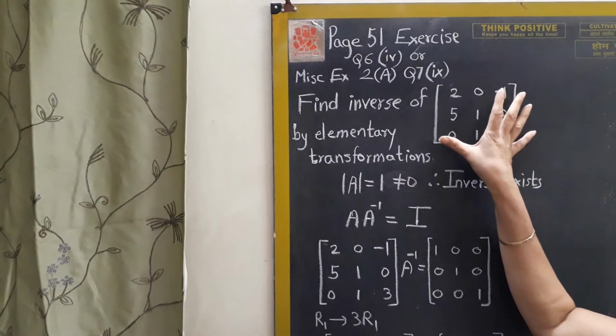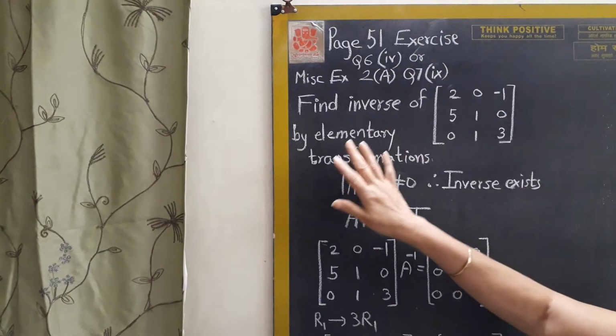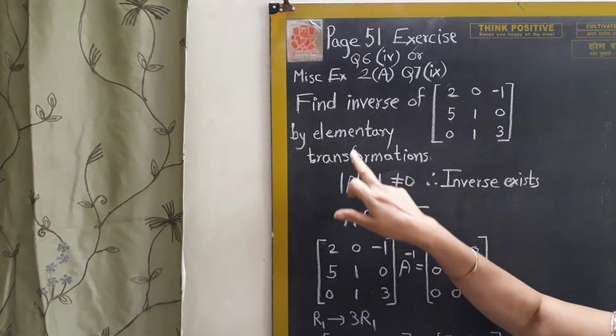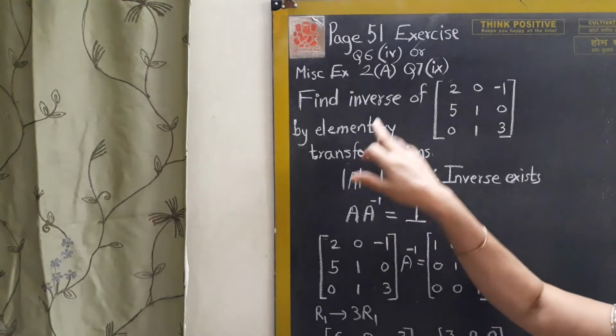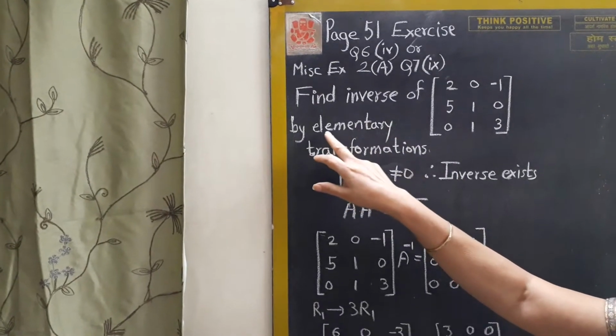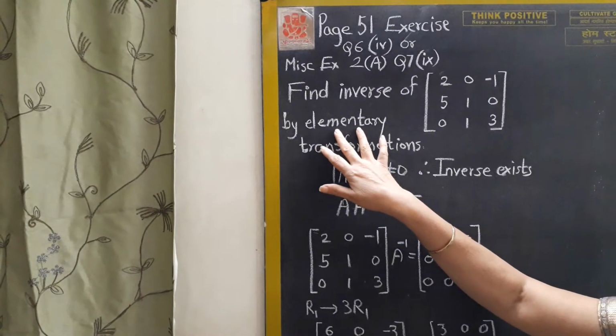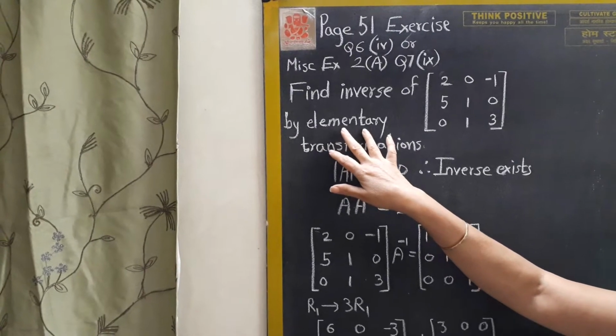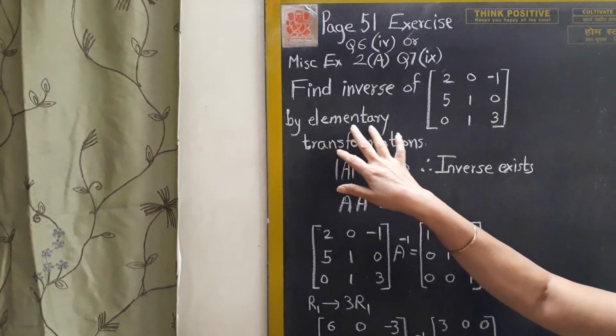This matrix is repeated in both the examples, by elementary transformations. Now we are actually going to find it by elementary transformations so that we will get one more practice.